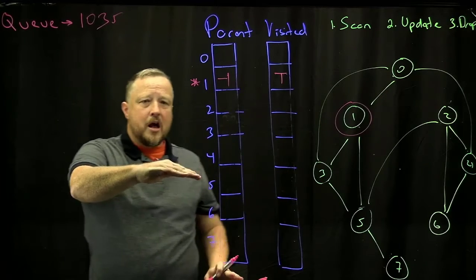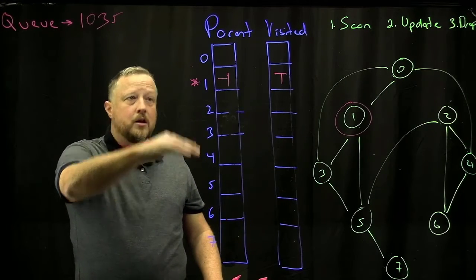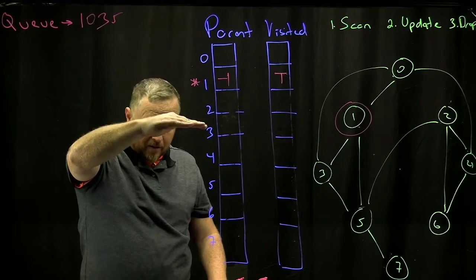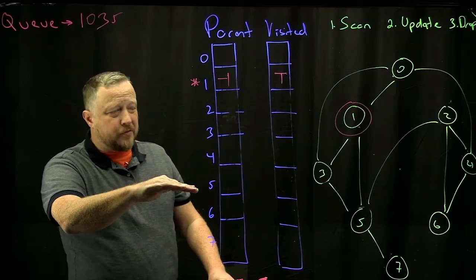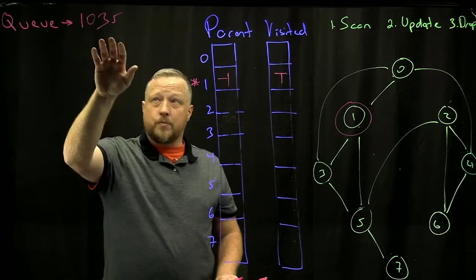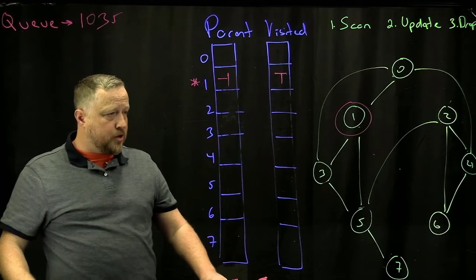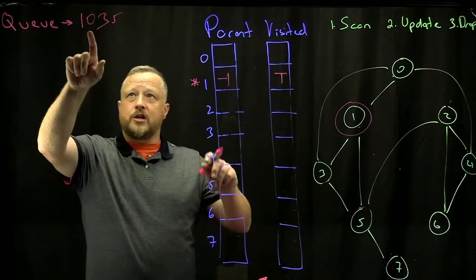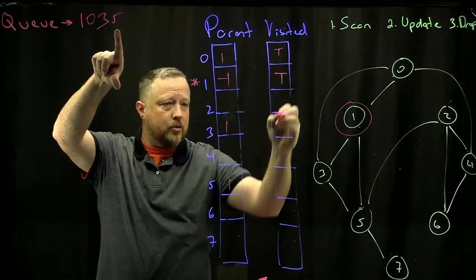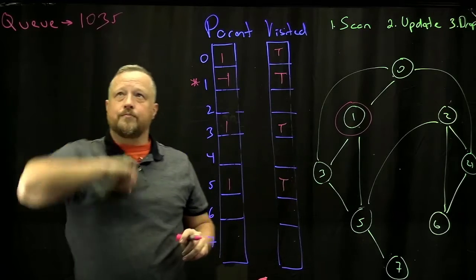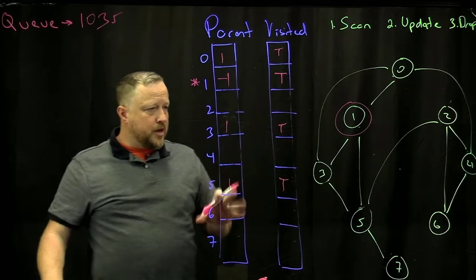Now, I'm doing two things at the same time. Number 1, I'm checking to see if it's been visited already. You'll notice I use my hand to check whether things have been visited for that particular node. And then I also put them onto the queue. So 0, 3, and 5 all came from 1. I set those all to true. Okay.